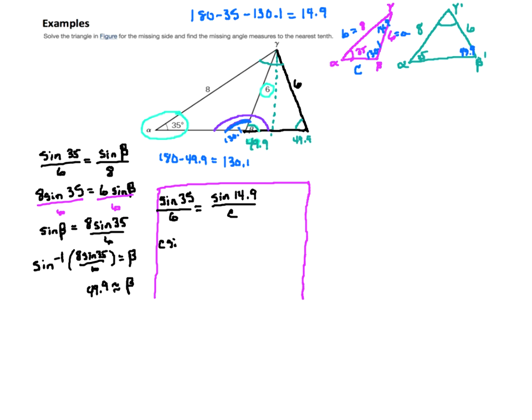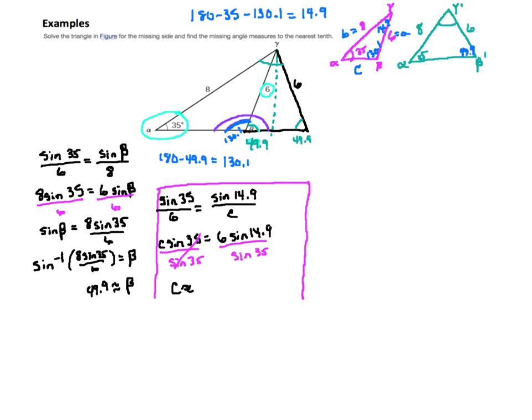All right, now I just cross multiply and do what I've done on the other triangles so far. So I've got C times the sine of 35 equals 6 times the sine of 14.9. I come back and divide both sides by the sine of 35. And I have C equals that expression.